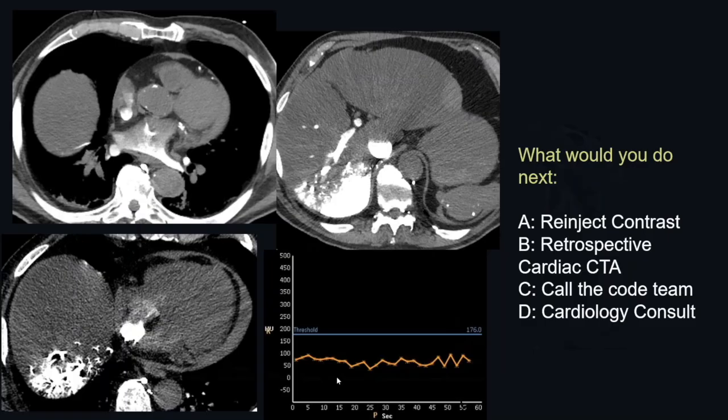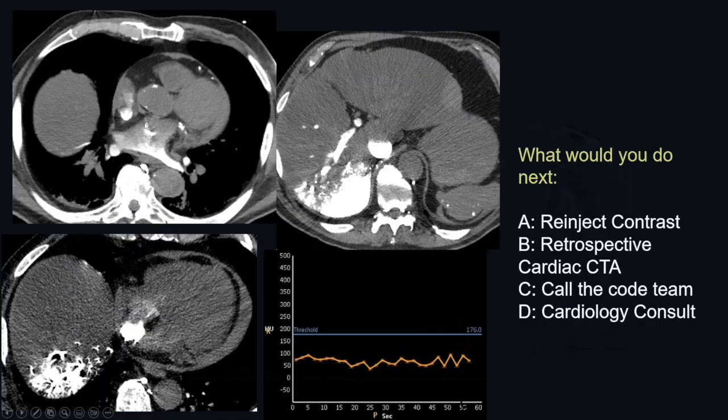We see a very different pattern over here. Contrast is typically higher attenuation than blood pool. So if we put contrast and blood in a container, usually the bottom part will be contrast. And what that indicates is that there is no movement. The blood is not moving at all. And that's what we are seeing over here.